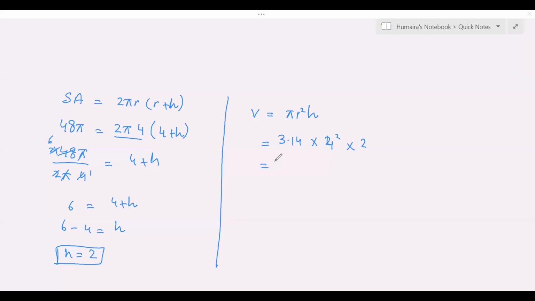Now we will multiply: 16 times 2 times 3.14. This one is 100.48. It's not again in the options.